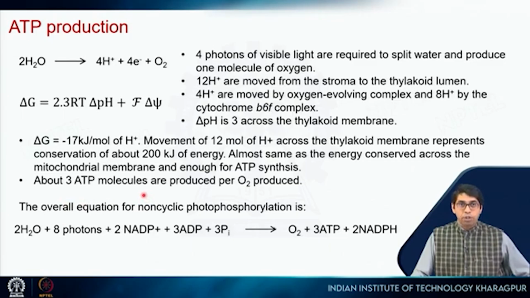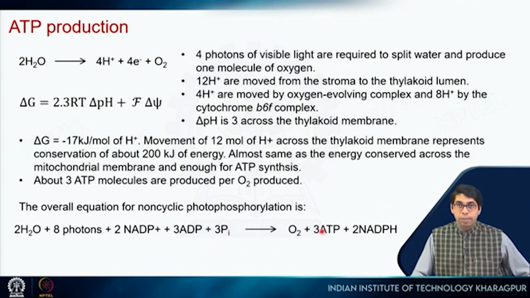So if we add up all of these things, the overall equation for non-cyclic photophosphorylation will be 2 molecules of water plus 8 photons plus 2 NADP plus 3 ADP and 3 inorganic phosphate will produce 1 oxygen molecule.